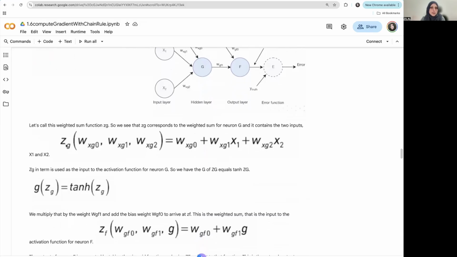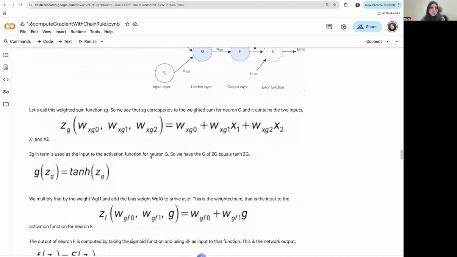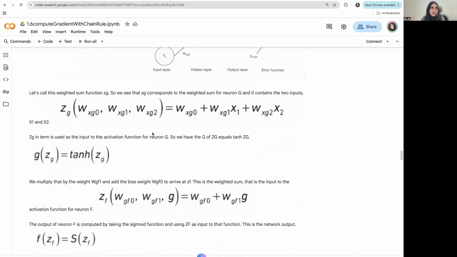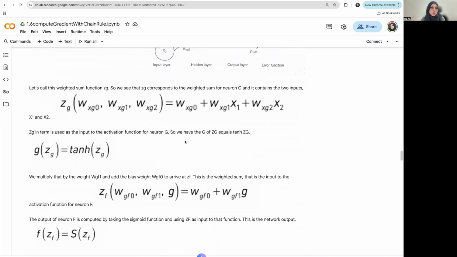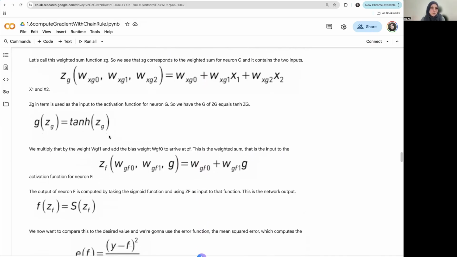So we see that ZG corresponds to the weighted sum for neuron G, and it contains the two inputs, x1 and x2. ZG in turn is used as the input to the activation function for neuron G. So we have g of ZG equals tanh of ZG.